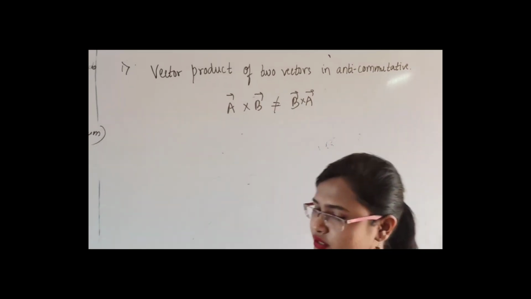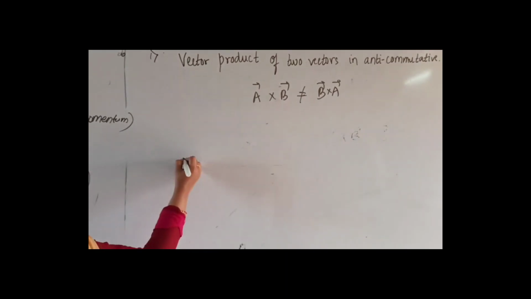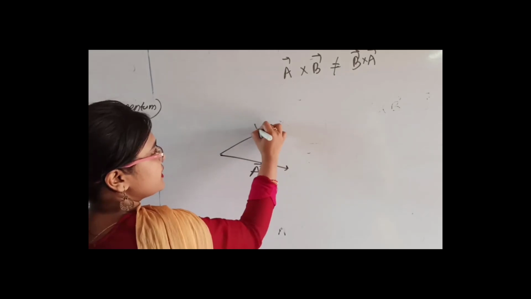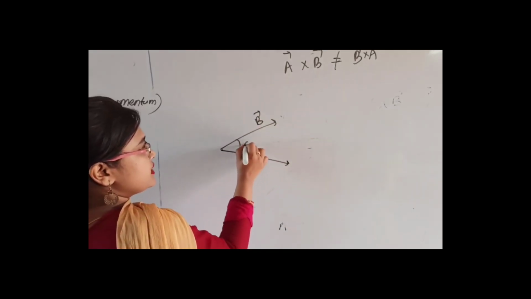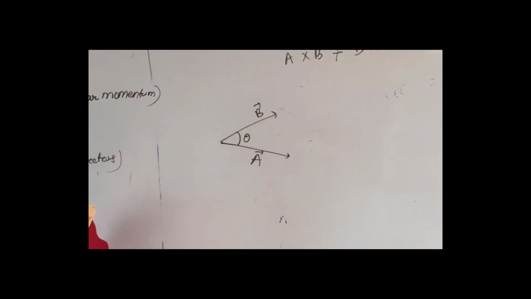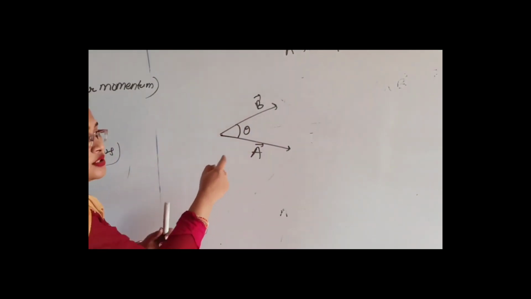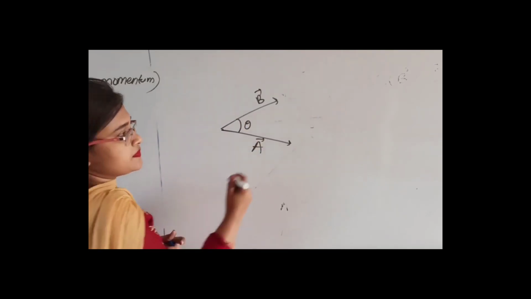For example, I already explained to you that if a plane contains vector A and vector B and the angle between them is theta, and I wish to find the cross product A cross B, I have to rotate from A to B. Clear?